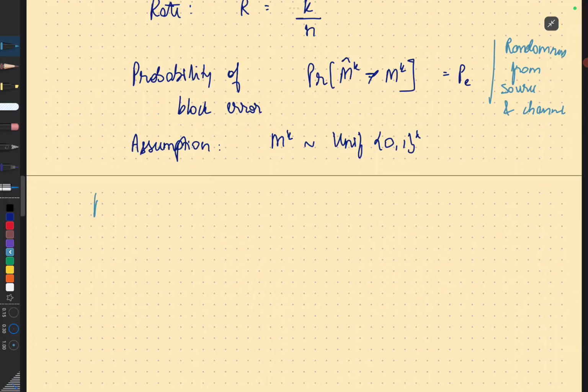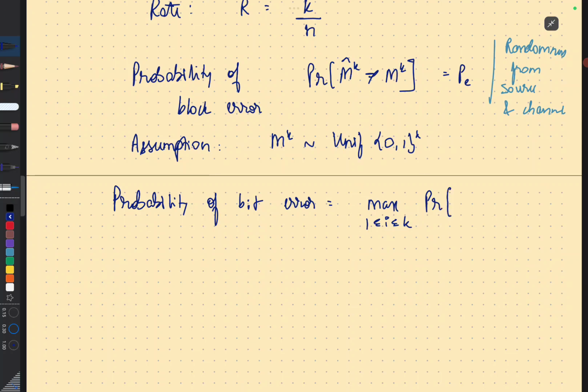Sometimes one can also look at the probability of bit error. Or the bit error probability, which is the maximum over the k bits of the probability that m_i hat is not equal to m_i.